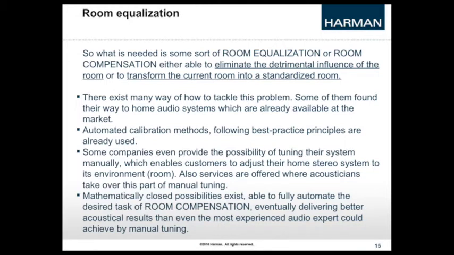For that reason, some companies also offer a service where they send an acoustician to an end customer at home, who adjusts it just by using his expertise. But there are also mathematically closed possibilities to tackle this problem, which eventually deliver even better results than the most experienced acoustician is able to do.